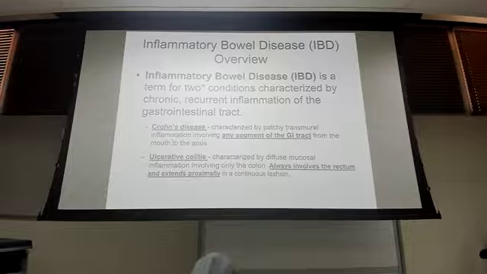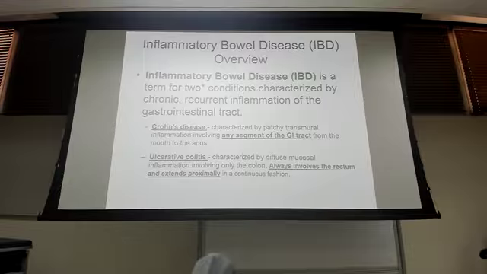The main differences between Crohn's and ulcerative are where the disease process is located, how deep the inflammation is getting into the bowel, the different layers of the mucosa, and then the pattern of mucosal involvement, whether it be the entire colon or whether it can start hitting different areas of the colon, the ascending, the descending, which is going to set Crohn's apart from ulcerative, because ulcerative is going to always involve the rectum and extend proximally, whereas Crohn's can be anywhere in the GI tract.